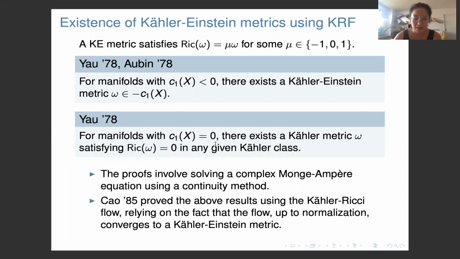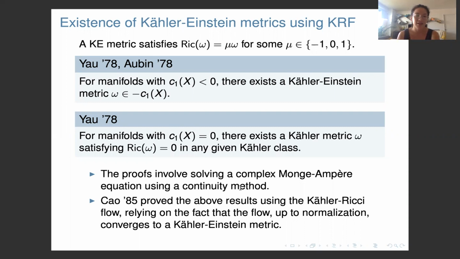So starting from any Kähler metric, you can find a Ricci flat Kähler metric lying inside that Kähler class. The proofs that Yau and Aubin used involve solving a complex Monge-Ampère equation using a continuity method.